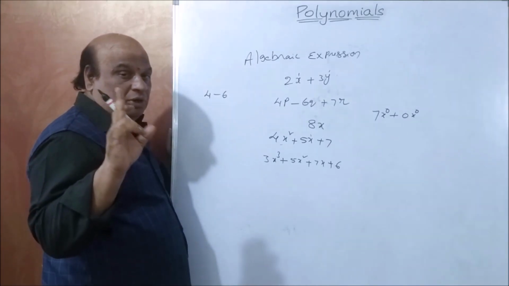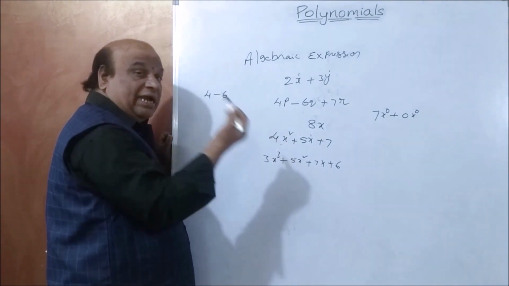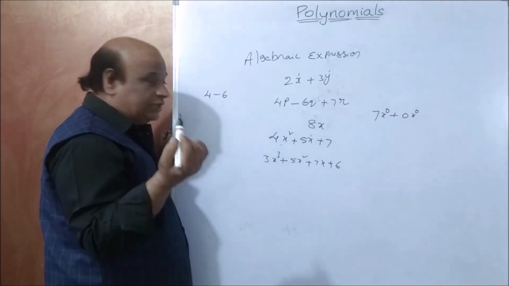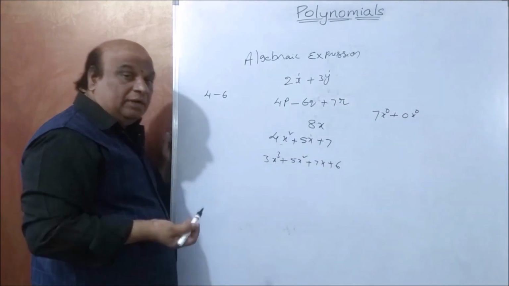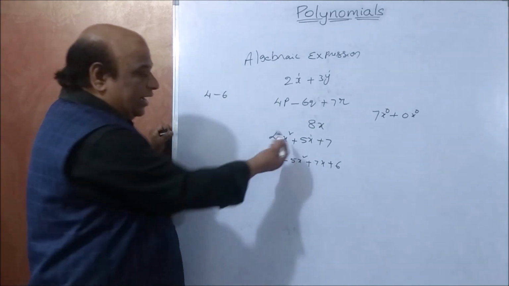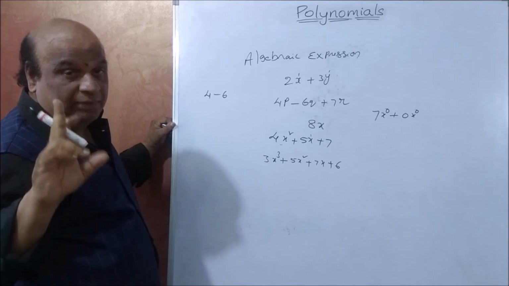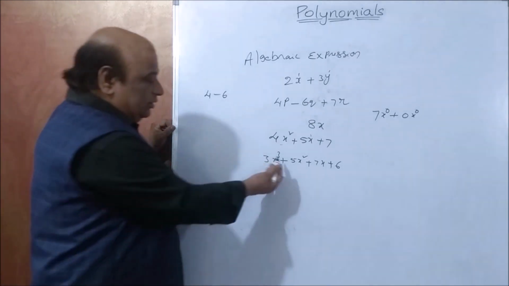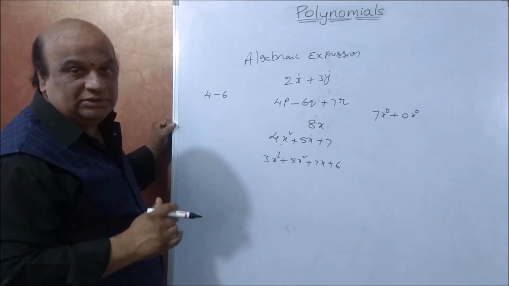One more thing you have to observe: when it is a second degree algebraic expression, how many terms are there? In second degree, we have 3 terms. It is very important. Third degree expression, how many terms? 4 terms.